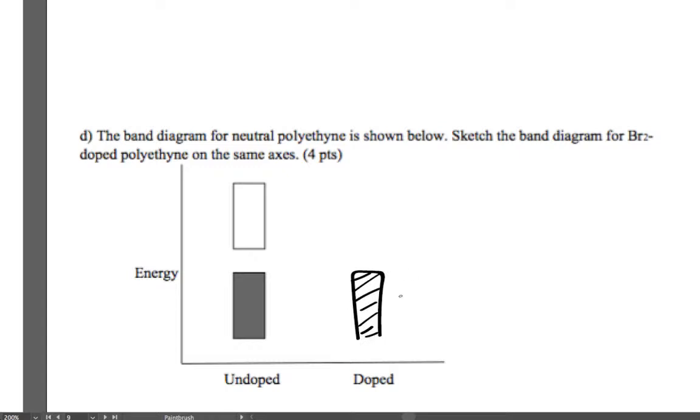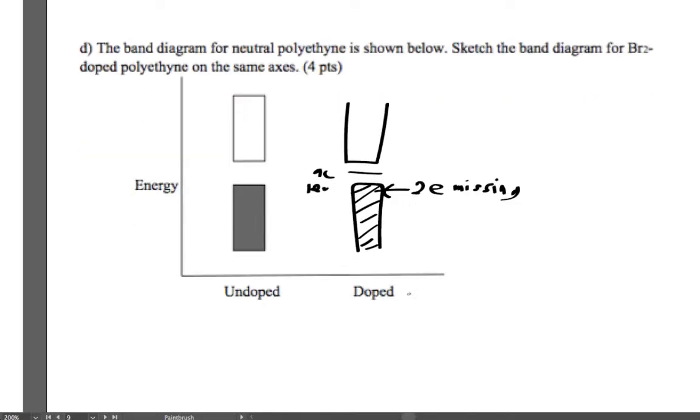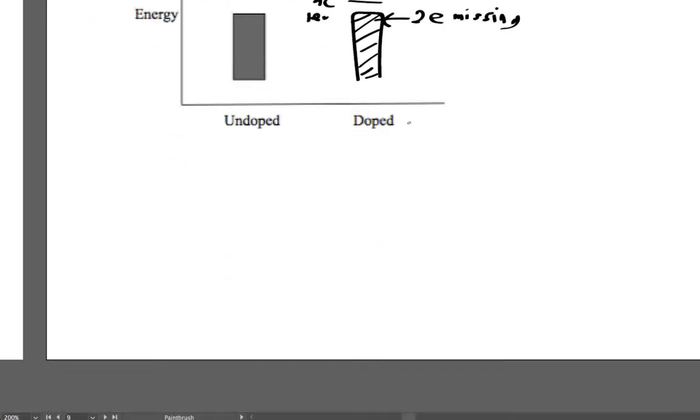But inside here you have 2 electrons missing. Then you also have an acceptor level, and after that you have this other empty band at the top. So that's basically how I would draw that.